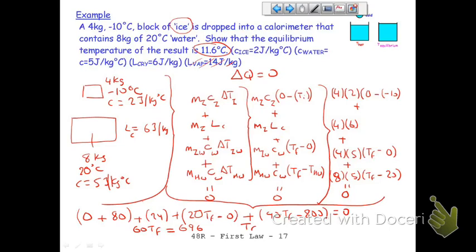So TF is equal to 696 over 60, which equals 11.6 degrees C. Yeah. Not bad. Not bad.